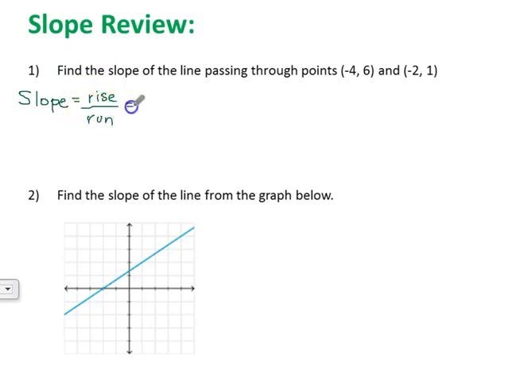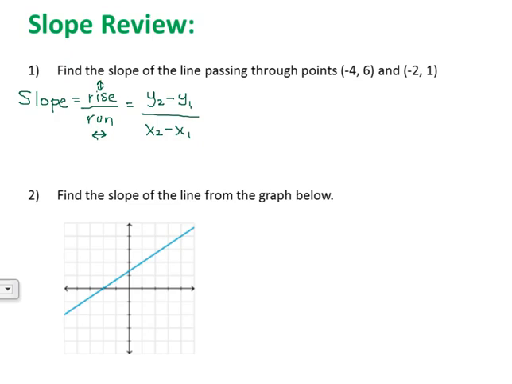Rise tells us up or down. So to find the slope, we subtract the difference between our y coordinates. And run tells us left or right. So to find the run, when we do the slope formula, we subtract our 2 x coordinates.